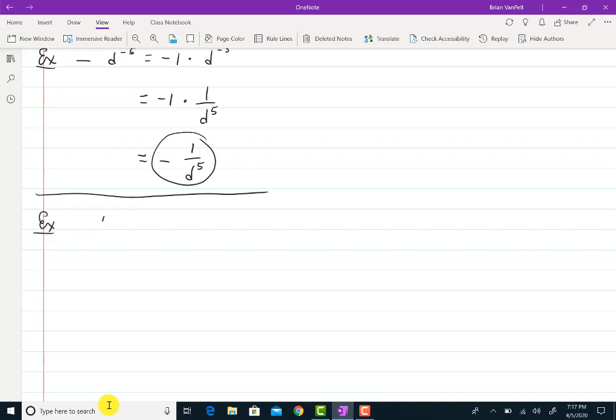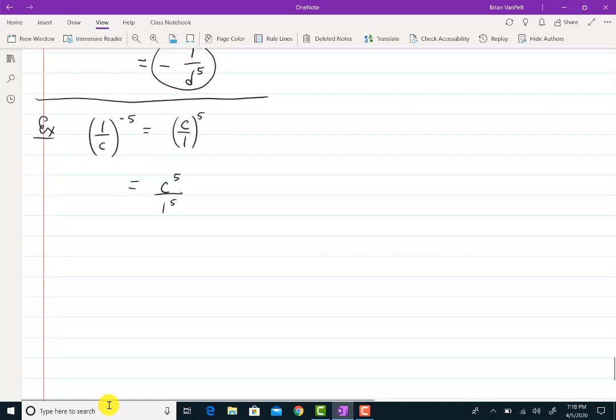For our next one, I have 1 over c raised to the -5th power. And I can change that to c over 1 to the 5th power. That's c to the 5th divided by 1 to the 5th, which is just c to the 5th over 1, which of course is the same as c to the 5th power.